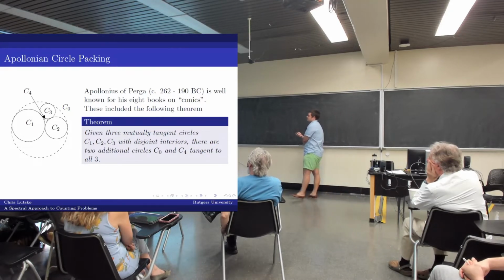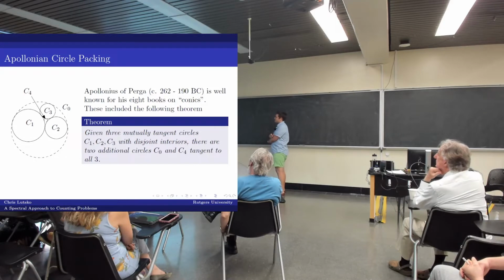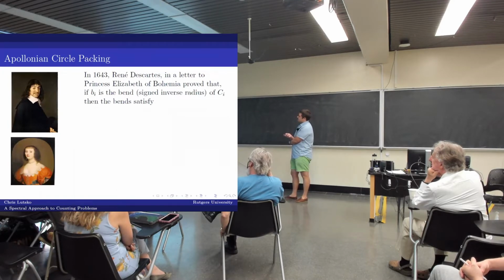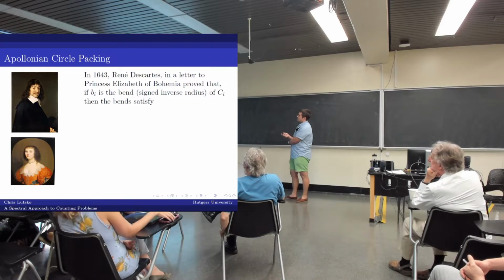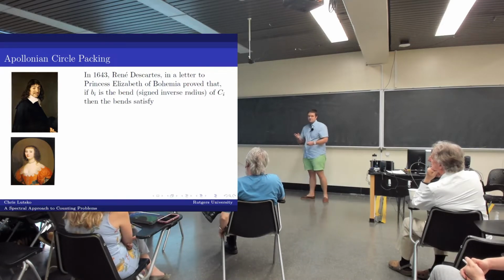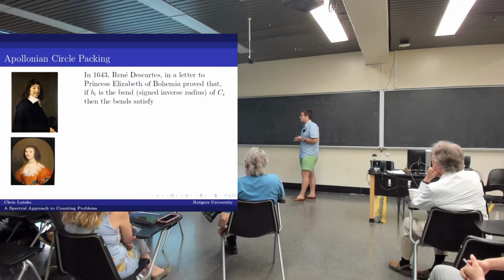So now we skip forward 1800 years, and René Descartes, in a letter to Princess Elizabeth of Bohemia, states the next theorem in this line. And for this, I'm going to define the bend, which is the signed inverse radius of a circle. So the bend is one over the radius. This outer circle has negative bend because we flip the interior, so it has negative bend.